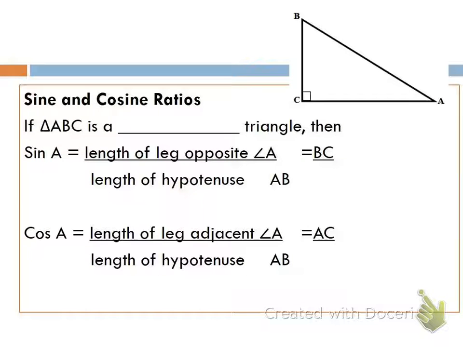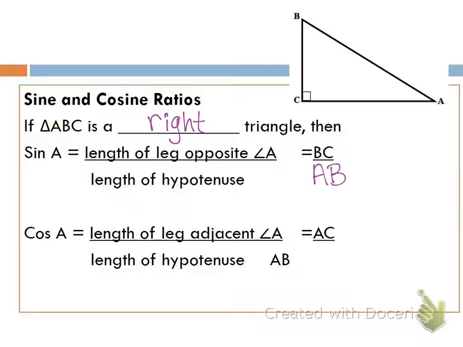If triangle ABC is a right triangle, then the sine of angle A is equal to the length of the leg opposite angle A. So in this case, that would be side BC, over the length of the hypotenuse, which is AB. Okay, so sine is opposite leg over the hypotenuse.